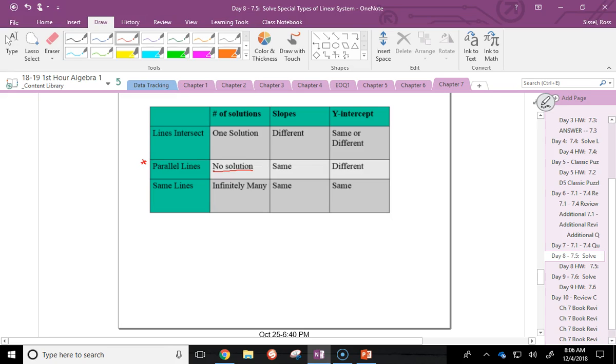So, parallel lines, no solution. The slopes are the same. The y-intercept has to be different. So there's never any crossing. The same lines, the lines coincide: infinite solutions, slopes the same, y-intercept the same. They lay right on top of each other.